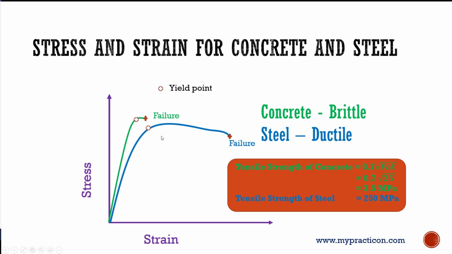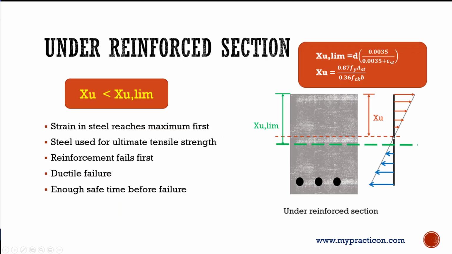That is good for us, because if the load increases further, it has enough time or enough elongation before it fails. Right? So it gives a clear indication before the entire section fails. So that's the reason we prefer to design the section as an under reinforced section compared to other cross-sectional criteria.